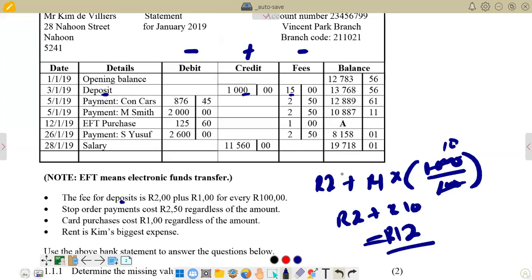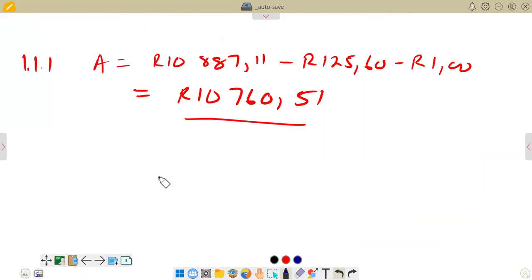So we can just go on the answer section and summarize that calculation, on the second part of the question, which is 1.1.2.